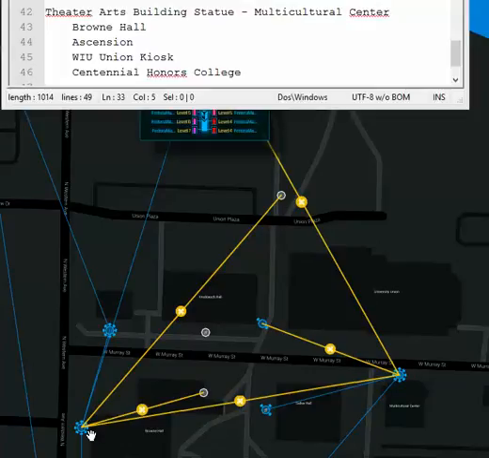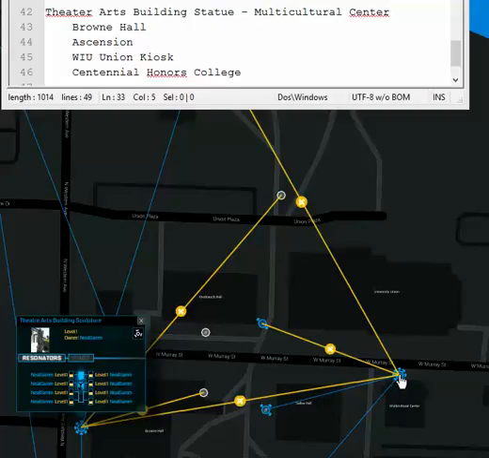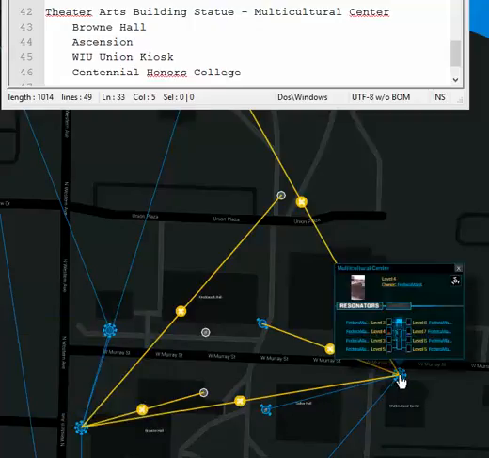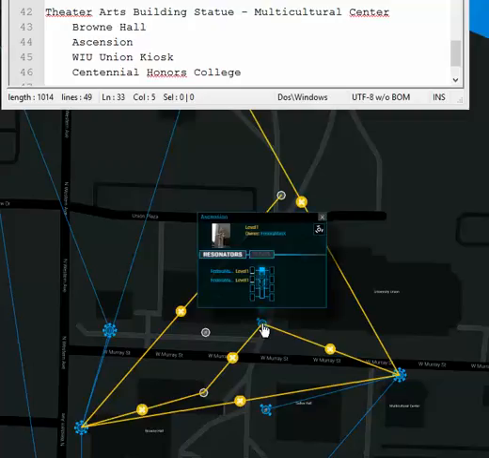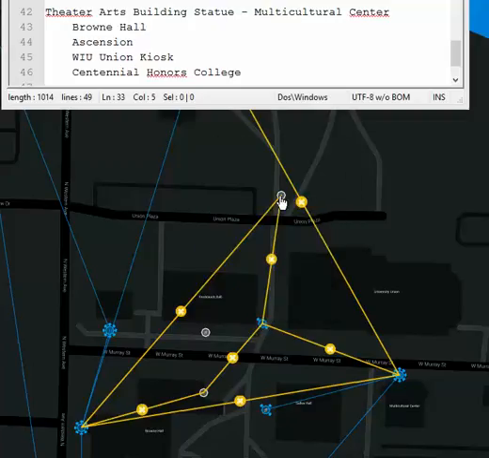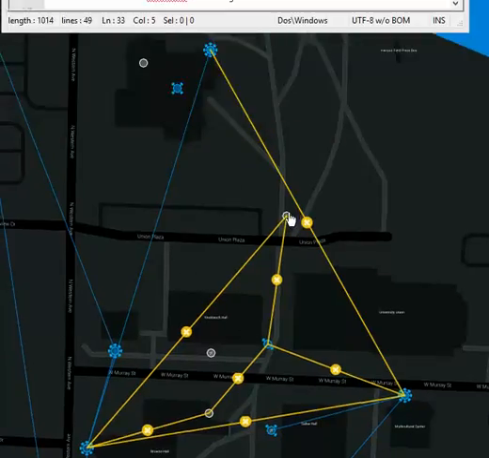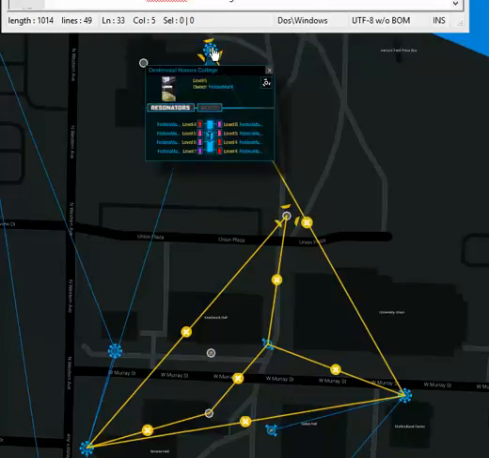Then what I do is I write down what I have for the base and spine. For instance, this connects the Theater Arts building sculpture to the Multicultural Center, and then along the spine we have Browne Hall connected to Ascension, connected to the WIU Union Kiosk, which is then connected to Centennial Honors College.